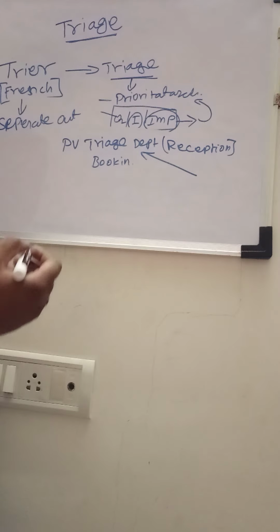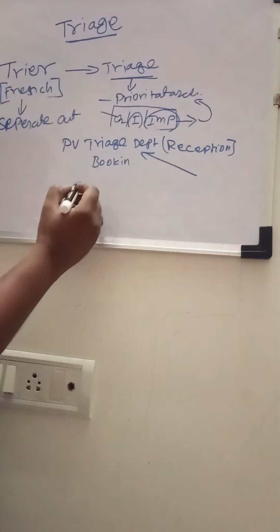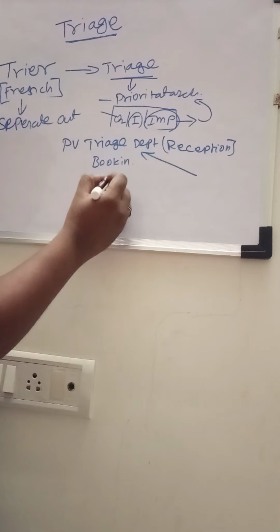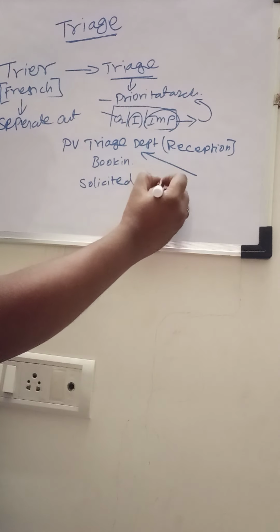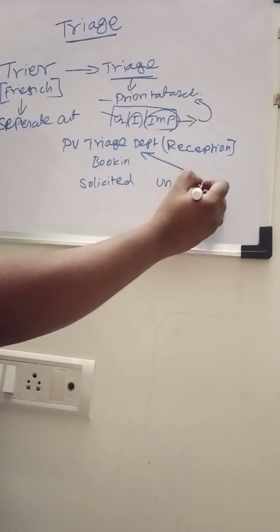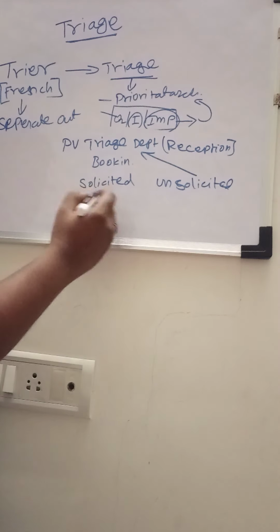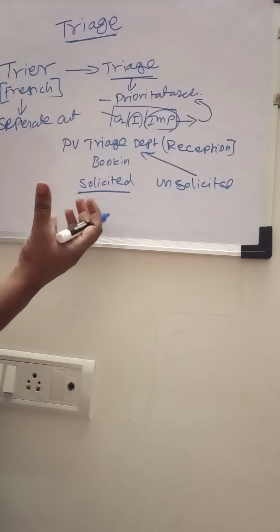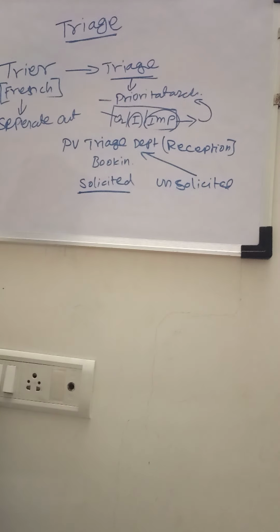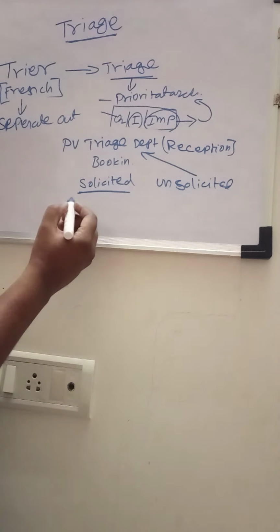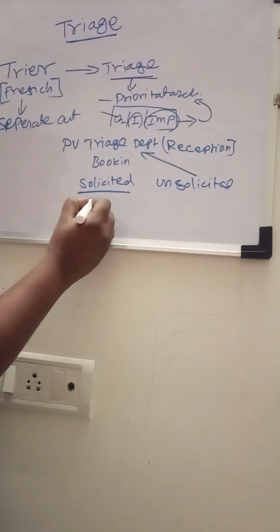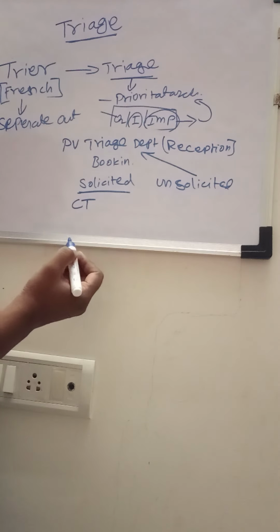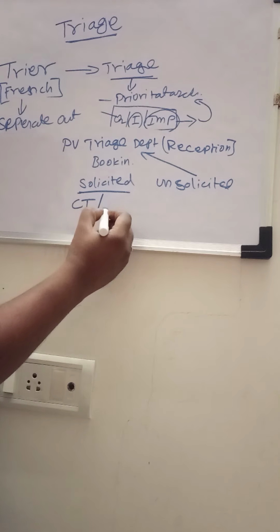The cases usually come from two main sources, solicited or unsolicited. To understand better, the definition of solicited is a structured program. As an example, the cases may come from clinical trials or any programs.